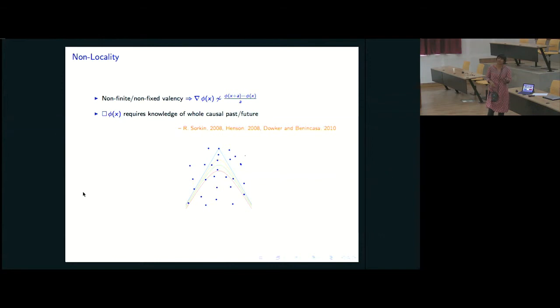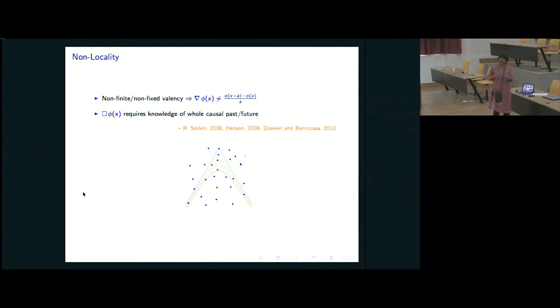So in order to write down the D'Alembertian, for example, there's a prescription where you have to look at the entire causal past. This is, for example, in Minkowski spacetime. And these hyperbolae that I've drawn are nearest neighbor, next to nearest neighbor, and so on and so forth.